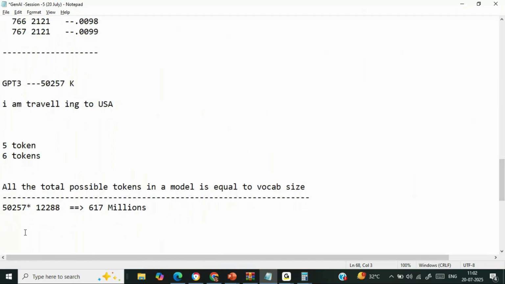And once we have these dimensions and the vocab, these are the base to calculate how many parameters are possible in a particular model. We will calculate it, and with respect to say 8 billion parameters, we will see how these things are possible.